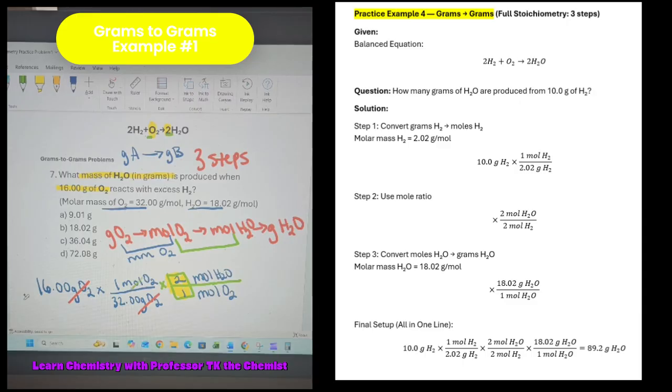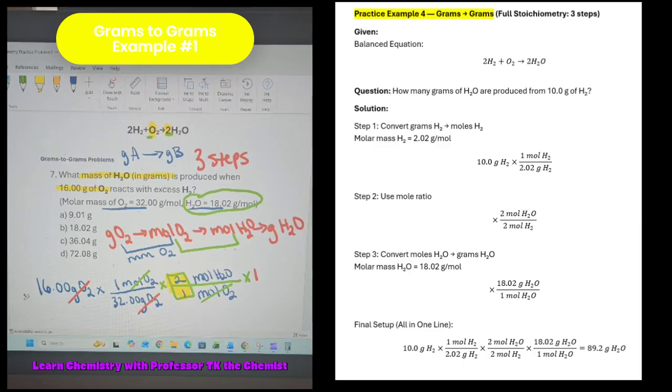Again, cancel out those moles of oxygen. You don't need them anymore. And then the last step right here, use the molar mass of water. Use that last number right there.